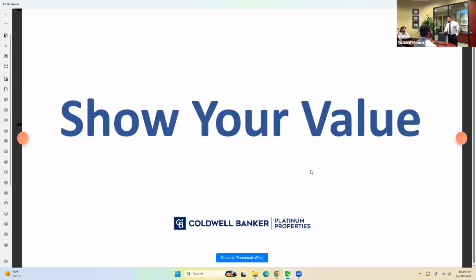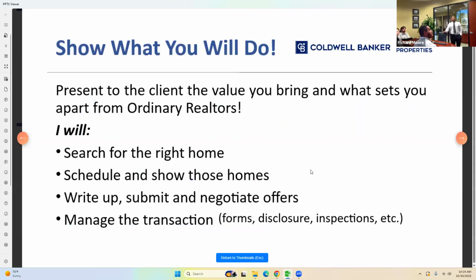You want to show your value. How are you going to show your value? Well, you're going to tell them that you're going to search for the right home, and you're going to listen to what they're asking you to do. So there's different types of searches. One of the searches is you set them up on an automatic email.